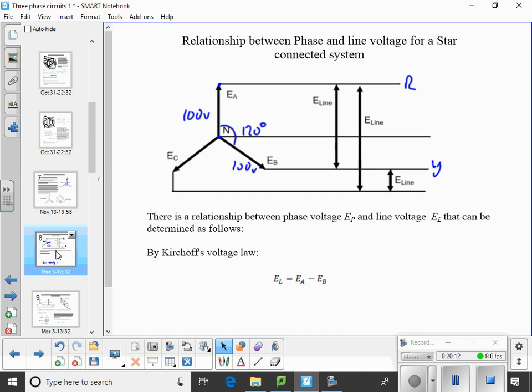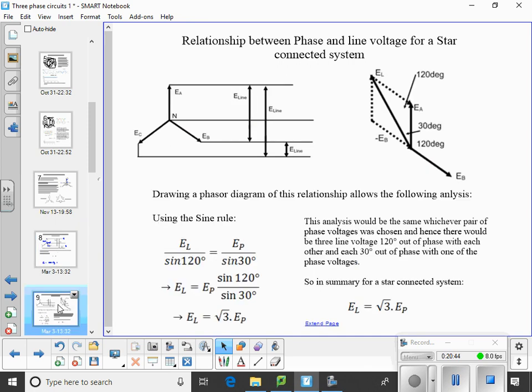If we give a direction to these, one arrow is in one direction and EB is in the opposite direction, so that must be negative. If we say EA is positive, then EB must be negative because the arrow's the other way round. Remember Kirchhoff's voltage law, you have to have direction to your arrows. So that's where that comes from.